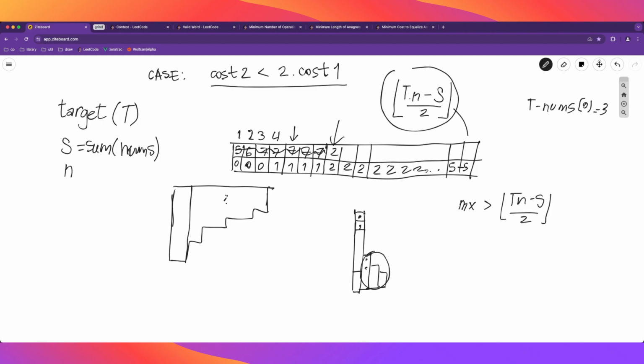So that means that we cannot increment them by the cost 2 operation. We're going to be left with some operations that we have to do of cost 1, right? And this happens in this case here.